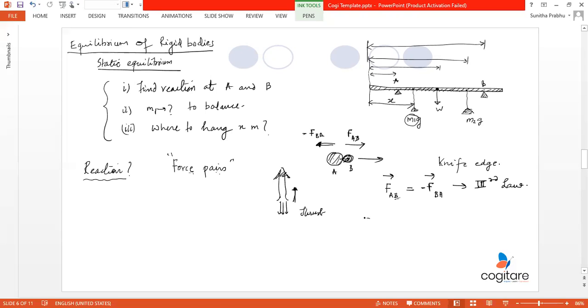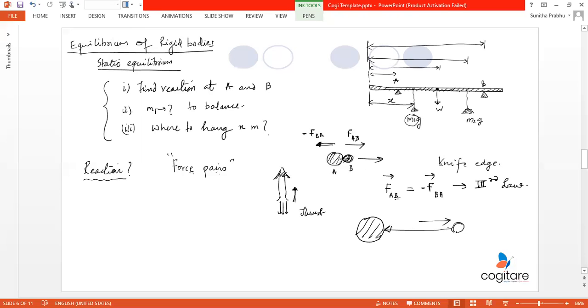Okay, Earth and Moon. Earth is pulling the Moon in this direction. Moon is also exerting a gravitational force on Earth in this direction. These forces are on different objects. Earth is pulling the Moon means Moon is being pulled by Earth.